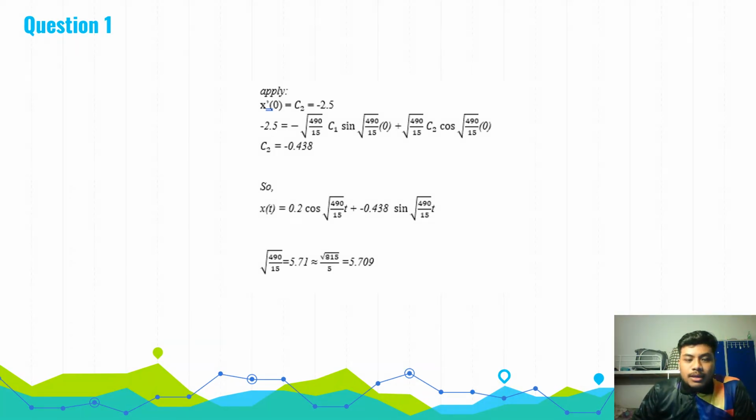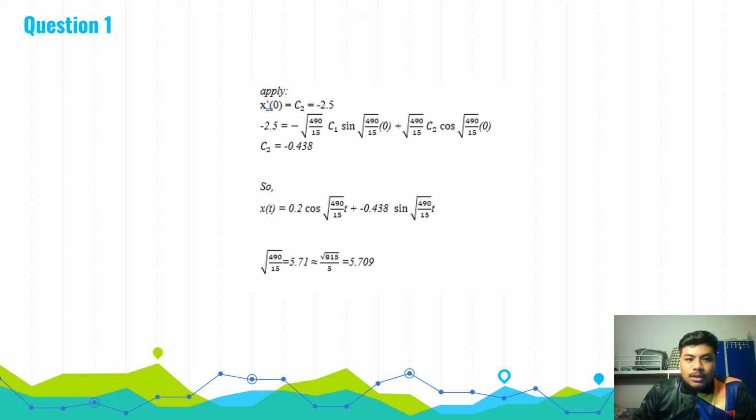And next, from the previous slide, we apply the formula and substitute the value of 0, and the equation is negative 2.5 equals negative square root 490 over 15 c1 sine square root 490 over 15 0 plus square root 490 over 15 c2 cos square root 490 over 15 0.